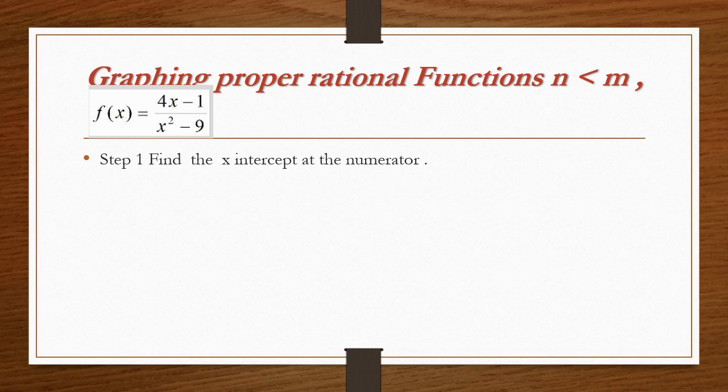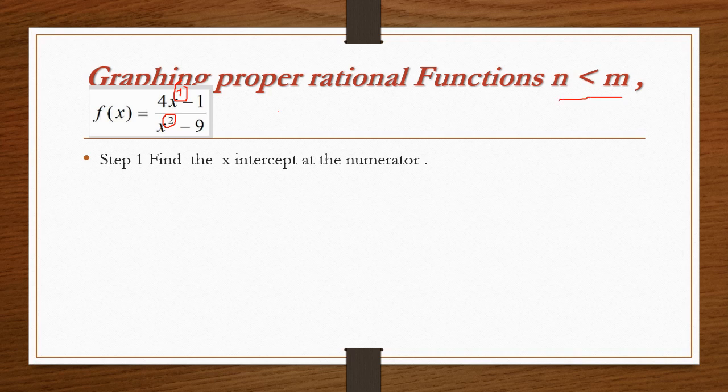The exponent of the numerator is 1, and the exponent of the denominator is 2, so it fits the definition. It's a proper rational function because n is less than m.